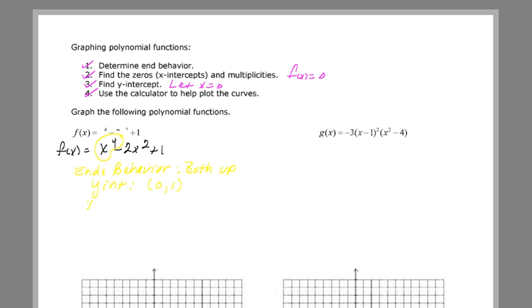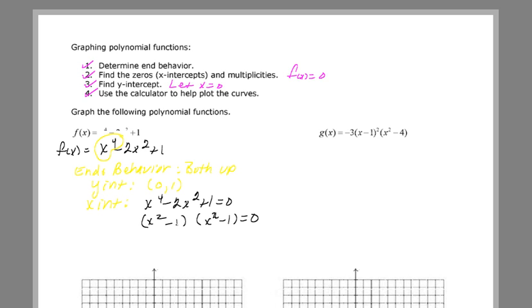And I could work on finding my x-intercepts by hand. I could take that polynomial function, x to the 4th minus 2x squared plus 1, set it equal to 0, and this guy actually factors. X squared, negative 1, negative 1.